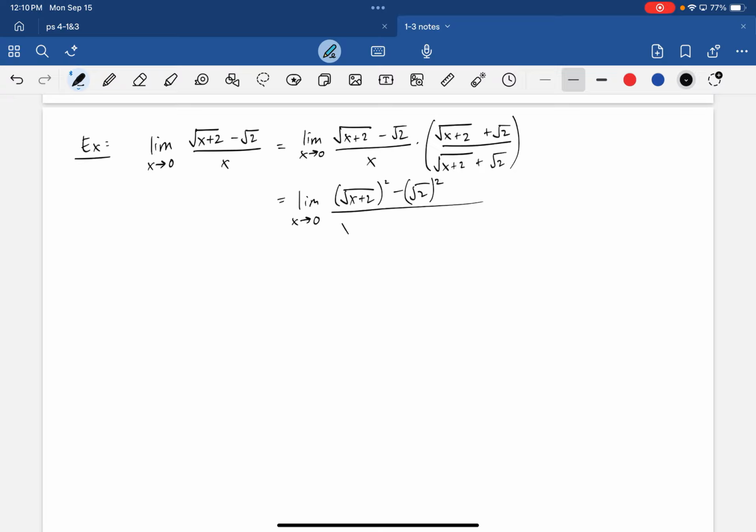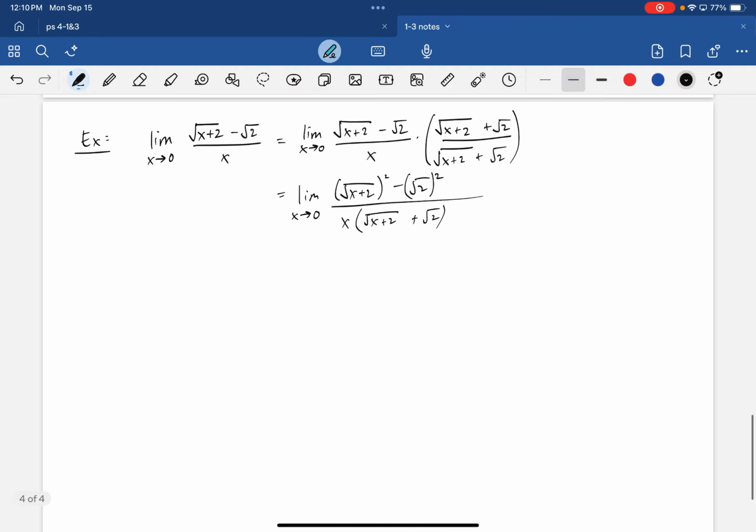And then the bottom is going to be x times the square root of x plus 2 plus the square root of 2. Are we in agreement? Yes. And then the top is going to simplify as x plus 2 minus 2, and the bottom stays the same. It doesn't simplify.